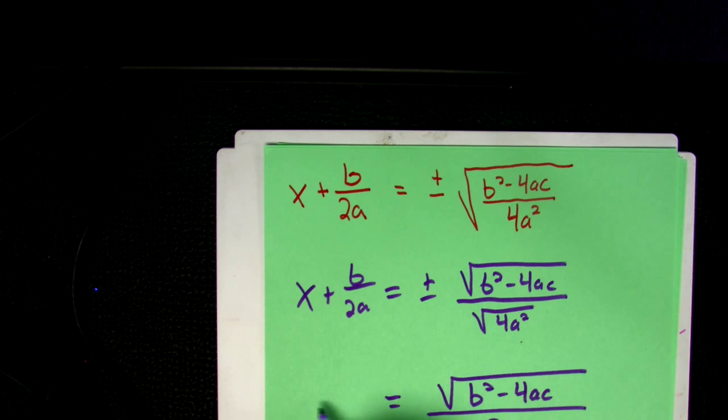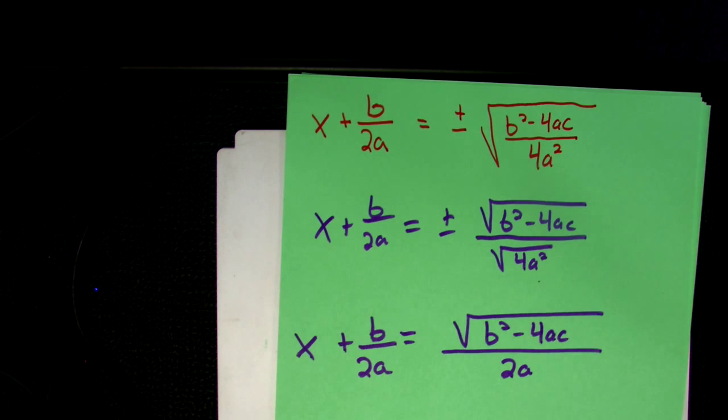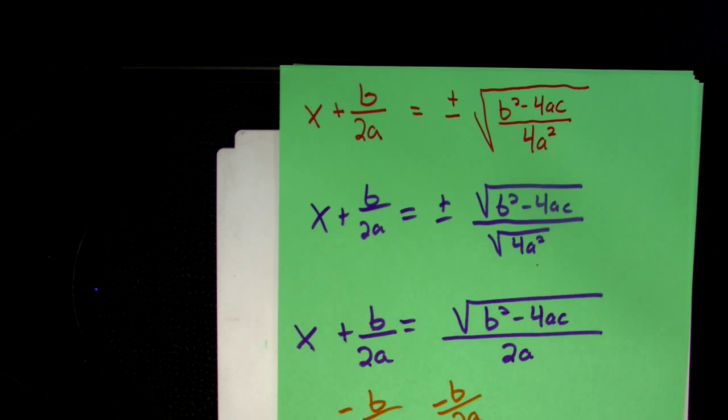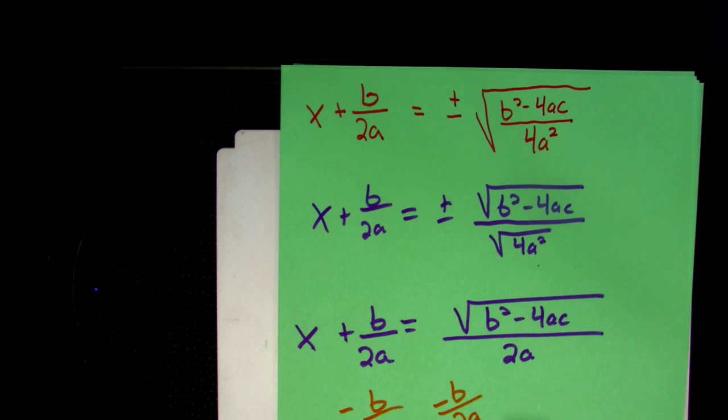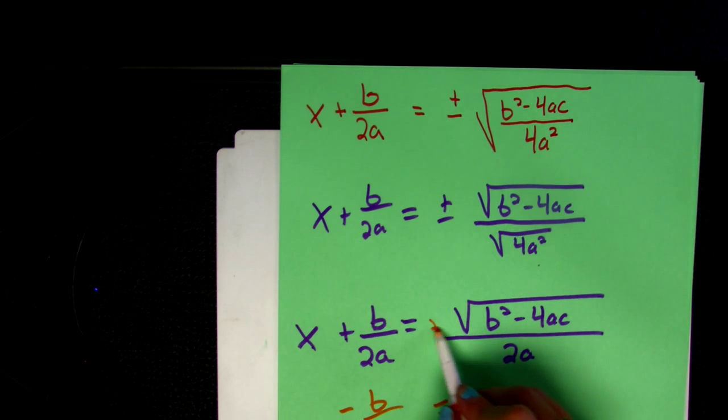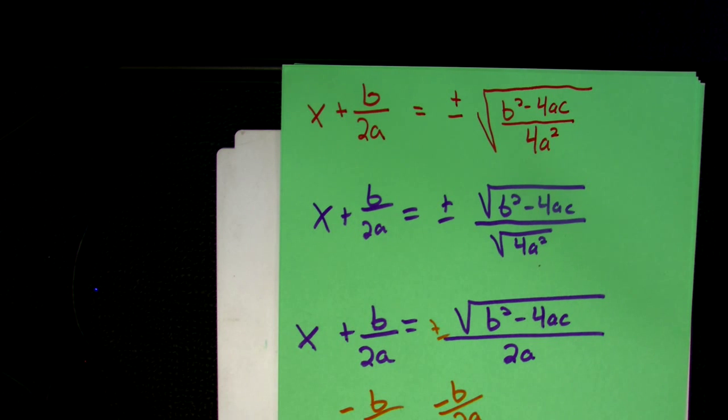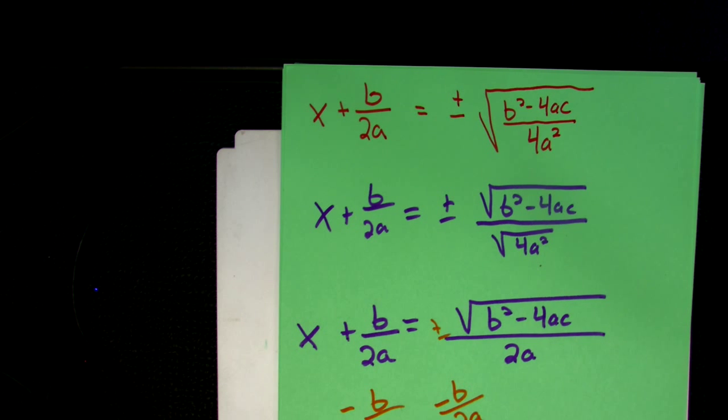So now I have this. My last step is to subtract b over 2a from both sides. So now I have x is equal to negative b over 2a, and then remember I have plus or minus the square root of b squared minus 4ac over 2a.